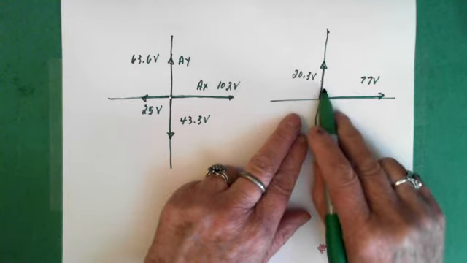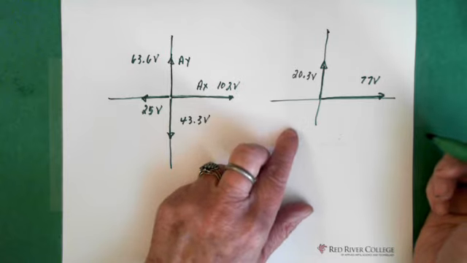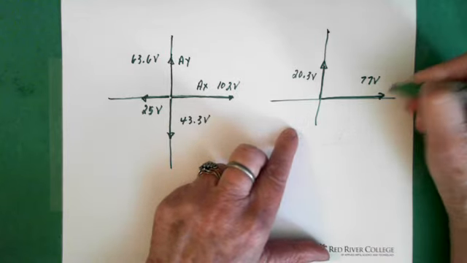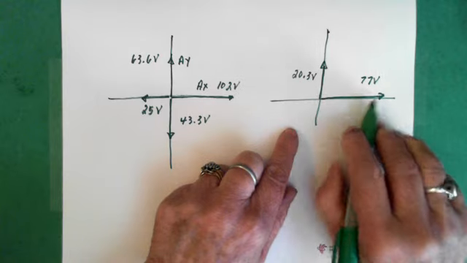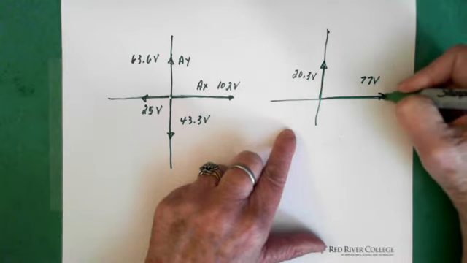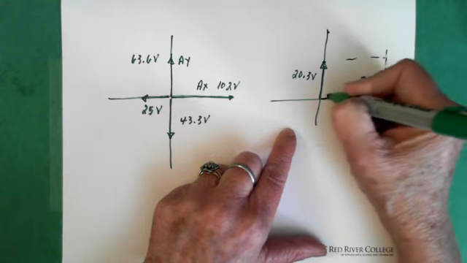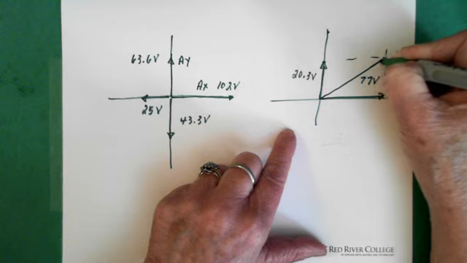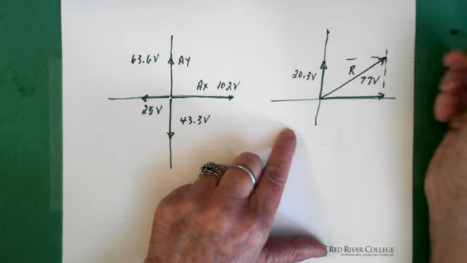This is our resultant in the y direction. And what we want is the final resultant, right? So we know we have some voltage in this direction and some in that. And in the end, our resultant is here, okay? So that is our resultant.